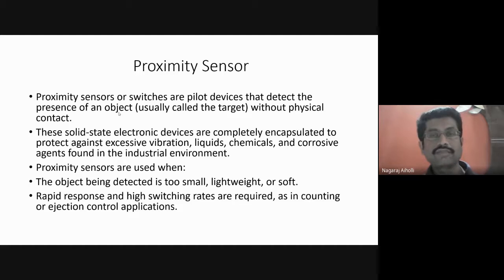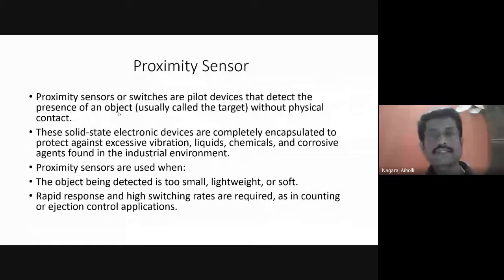If any of these unwanted materials or signals, maybe vibration, liquids, chemicals, or corrosive agents, which are nothing but acids, are present and could damage the proximity sensor, that is avoided by the encapsulation provided surrounding the proximity sensor.